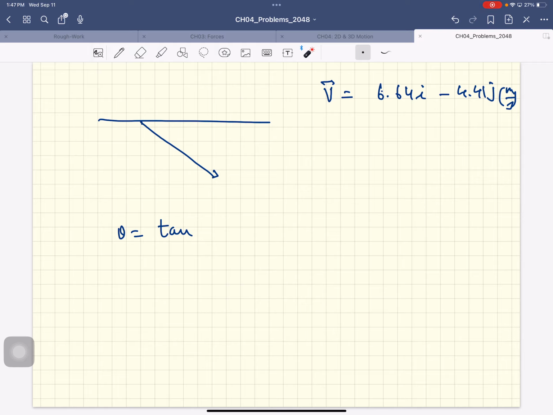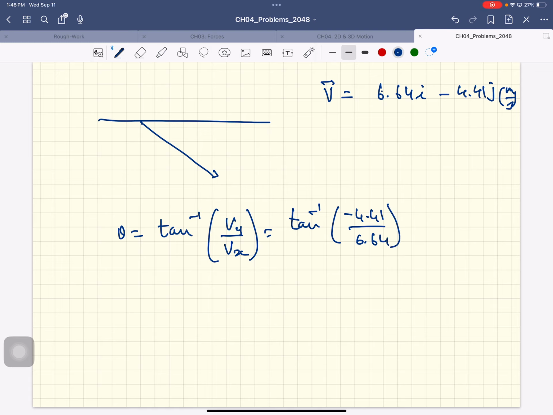So tan inverse of Vy over Vx is minus 33.59 degrees, okay? And that was the correct angle.